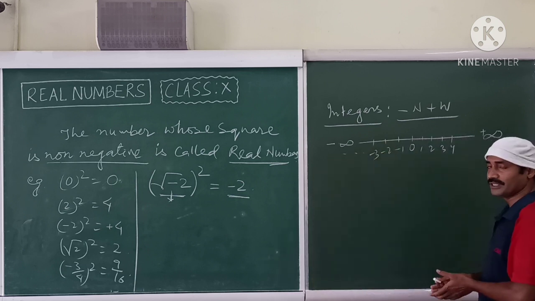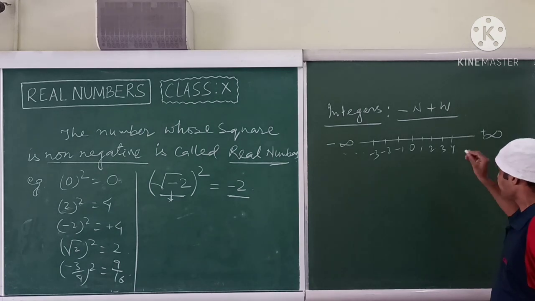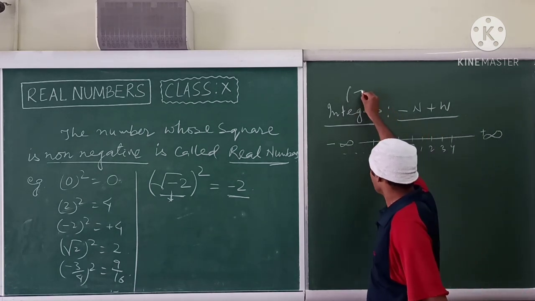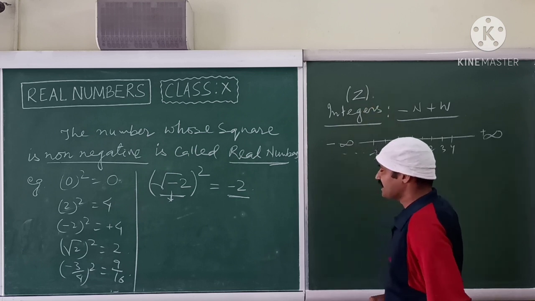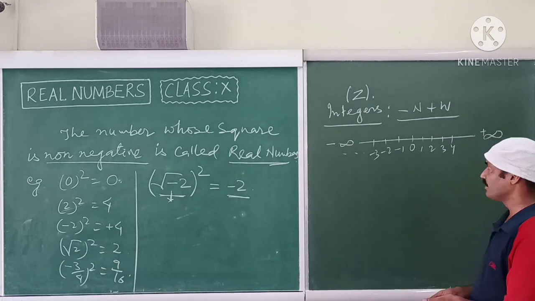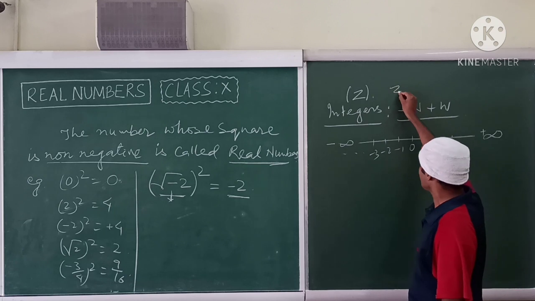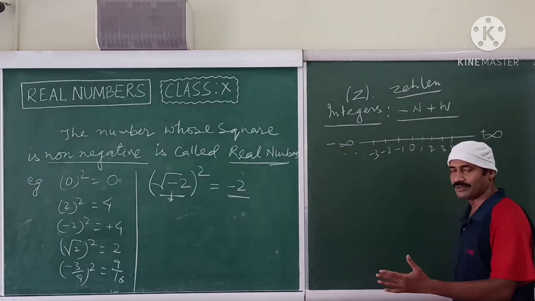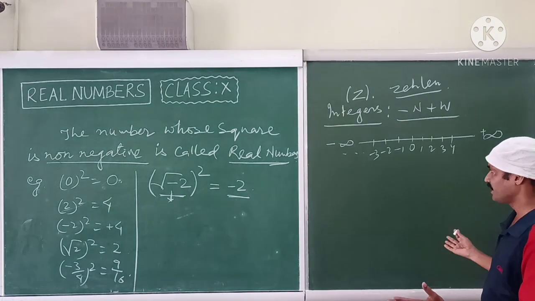These are all called integers, denoted by the letter Z. It is taken from the German word Zählen, which means counting one step forward or backward.